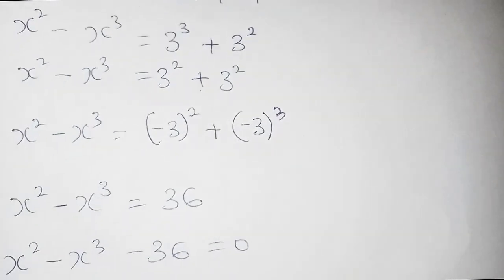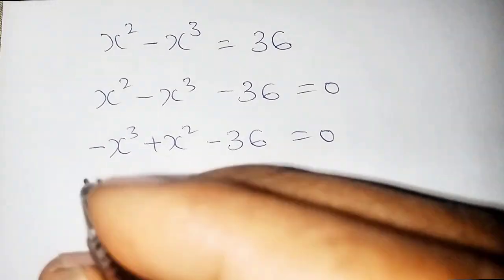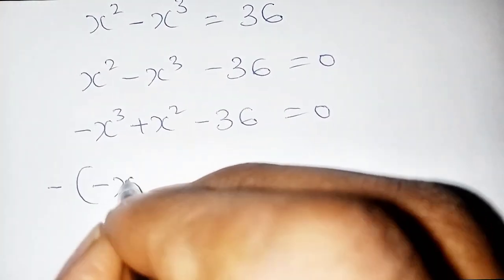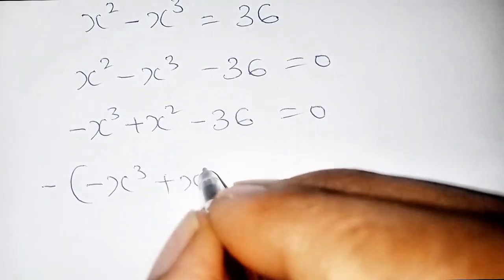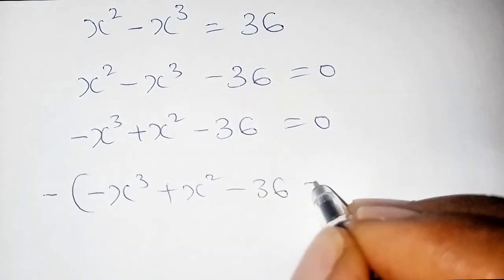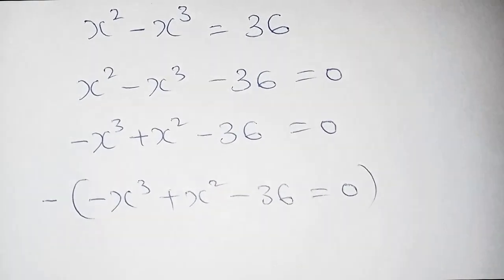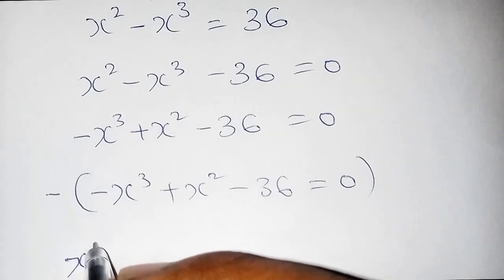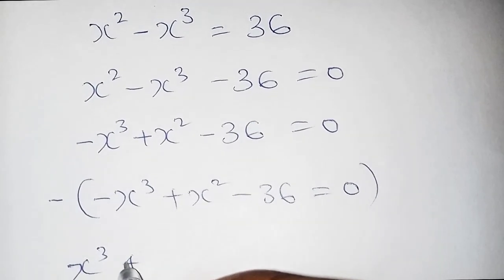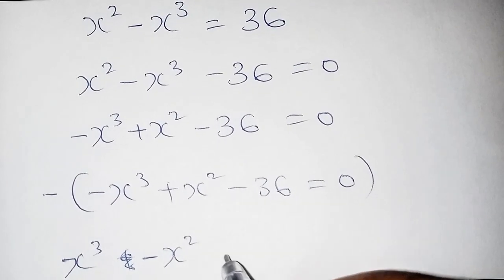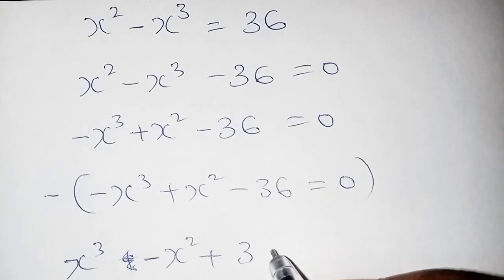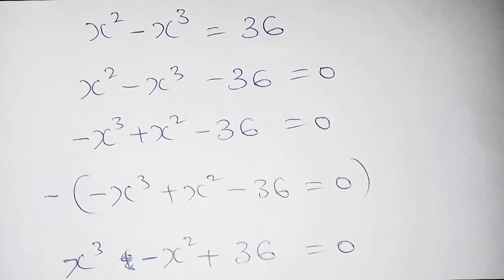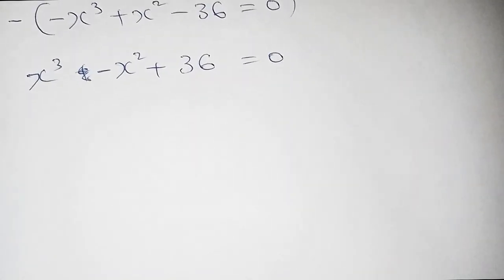We'll introduce a negative sign, and it will be minus x cubed plus x squared plus 36 equals 0. So this is what we'll be working with.